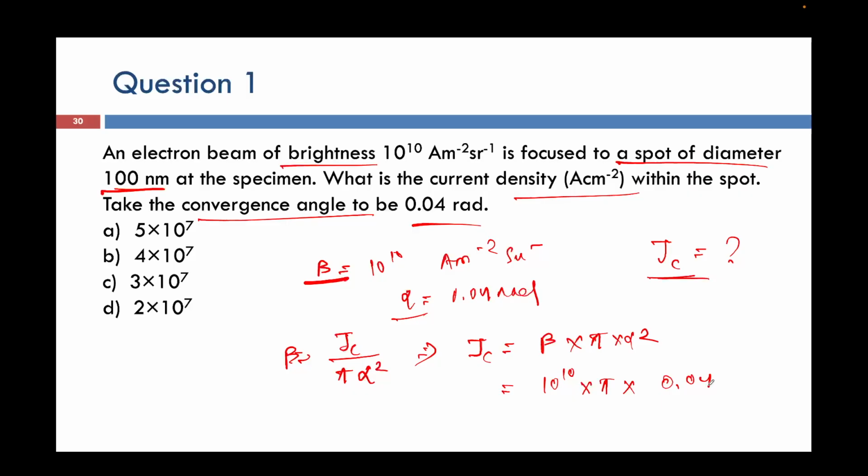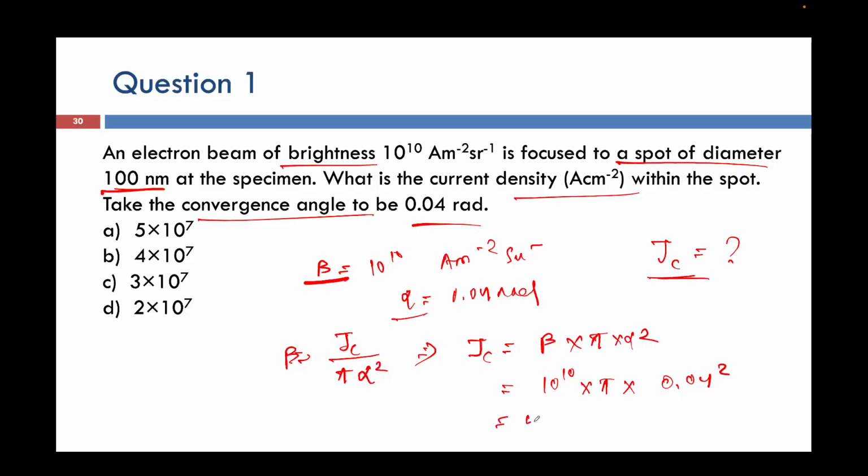Let me check on the calculator: pi into 0.04 square. No, B is not the answer.